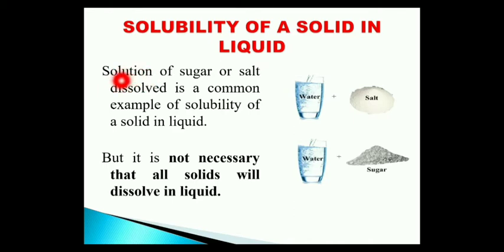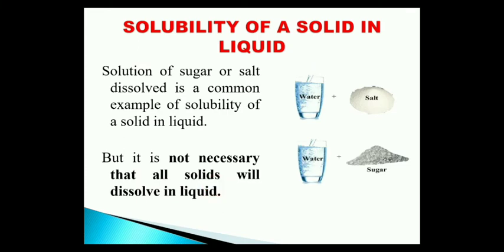So if you take a solution of sugar or salt dissolved, it is a common example of solubility of solid in liquid. We know that salt dissolved in water or sugar dissolved in water is nothing but two solids dissolved in liquids, right? But that does not prove that all the solids can be dissolved in water, right? So it is not necessary that all the solids can dissolve in liquids.